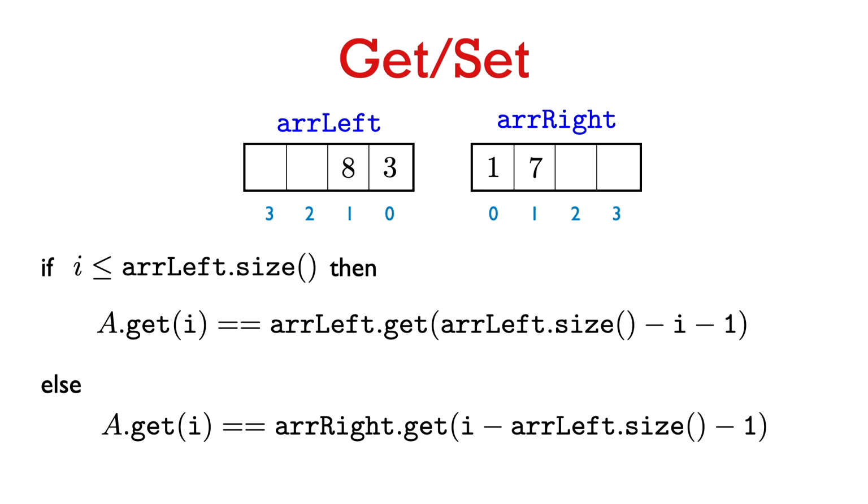I give the formula here, but the details aren't so important. If the index is larger than the size of the left array, then the desired element is in the right resizable array. And the element that we're looking for is given by the equation at the bottom of the slide. So size, get, and set inherit a constant time implementation from their constant time implementations in a resizable array.